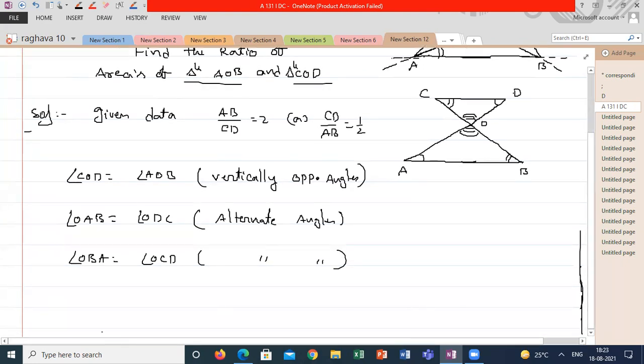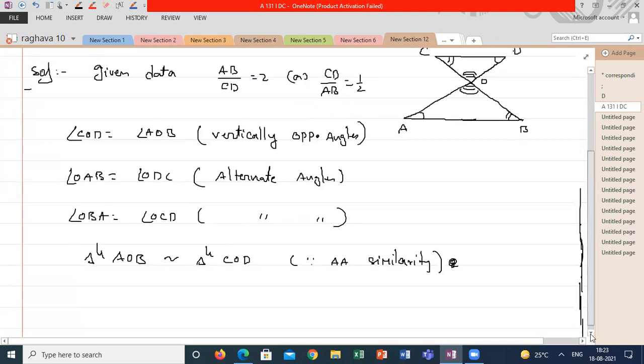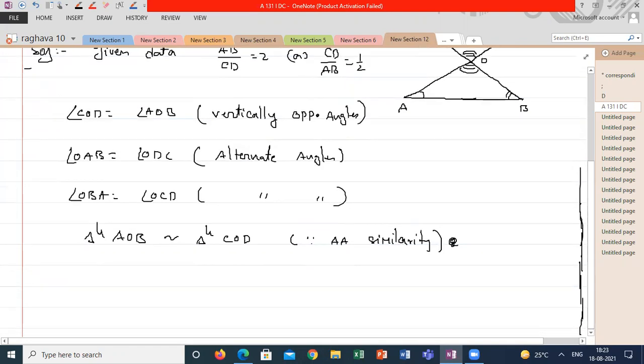I can say from above, triangle AOB is similar to triangle COD. How can I say? AA similarity criterion. So in that case, I know only the two sides. I know the ratio of AB by CD.